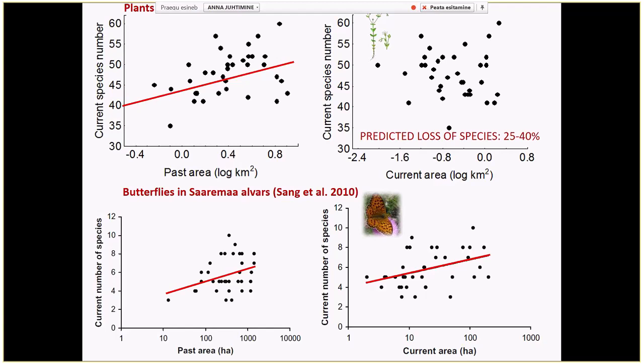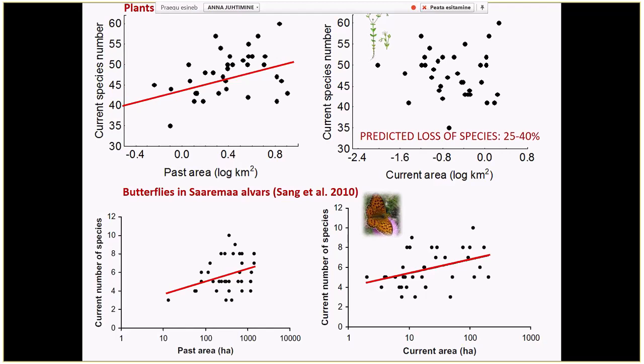But eventually they will, and eventually the species that can't tolerate such small areas will go extinct. And for Saaremaa alvars or Estonian grasslands, where this pattern was detected, we predicted the loss of around 25 to 40% of characteristic species that currently grow in these grasslands.